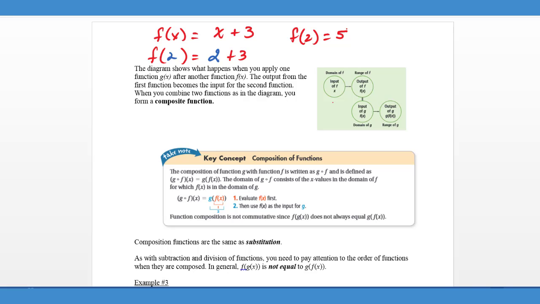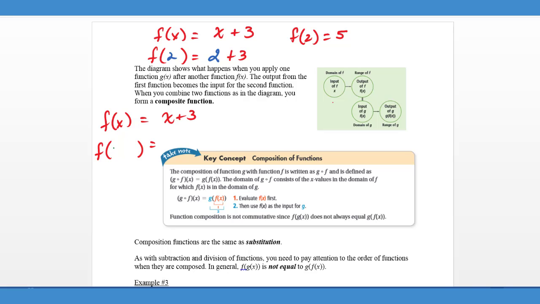Now, here's the thing. We can take that same process and use the same function, f of x equals x plus 3. But now, instead of replacing x with 2, let's say we want to replace x with an entire other function.